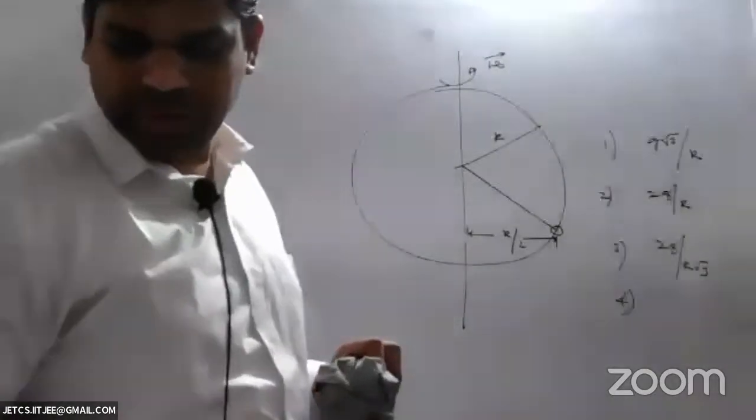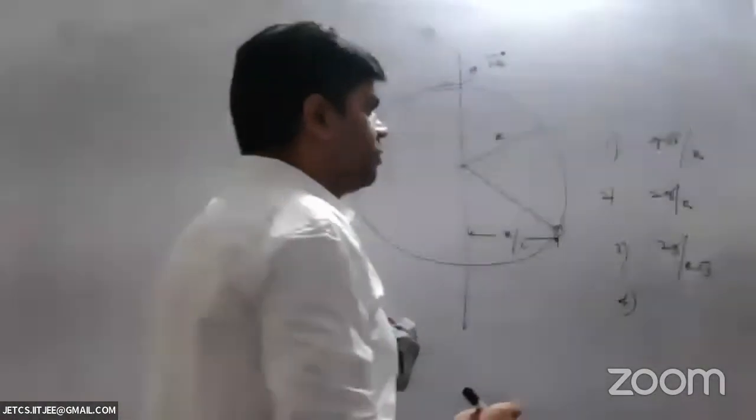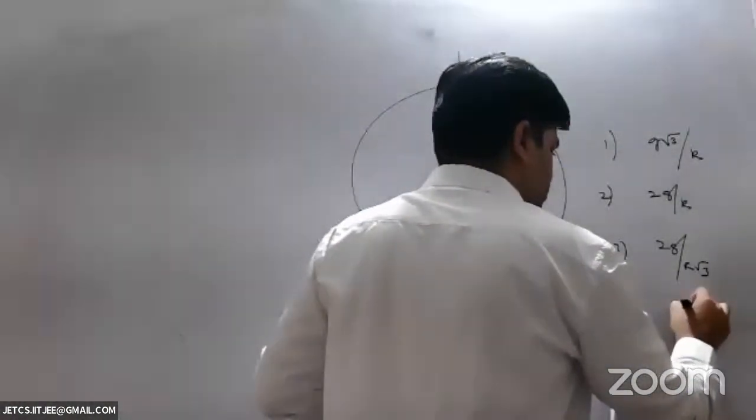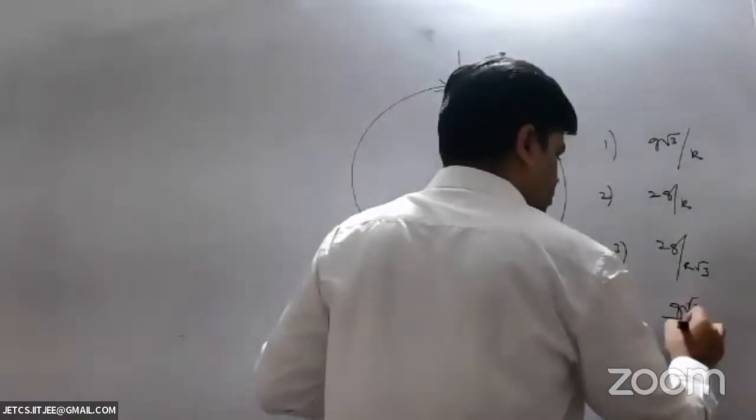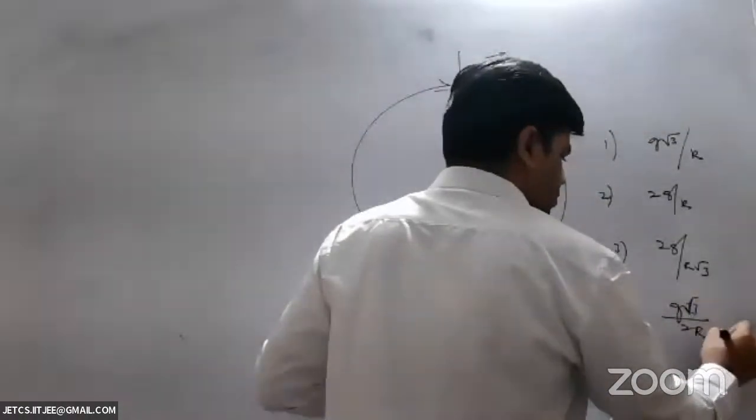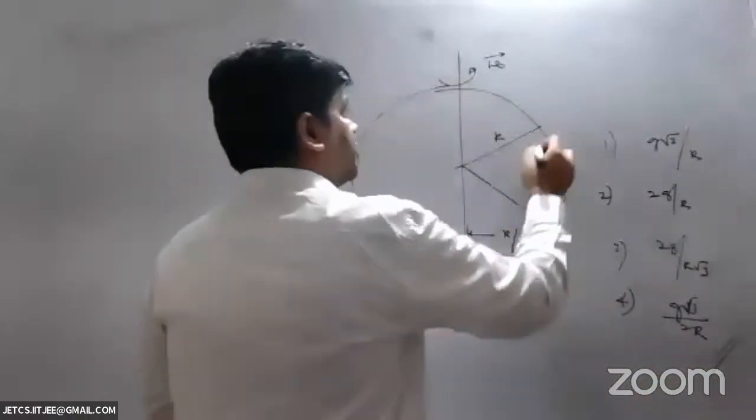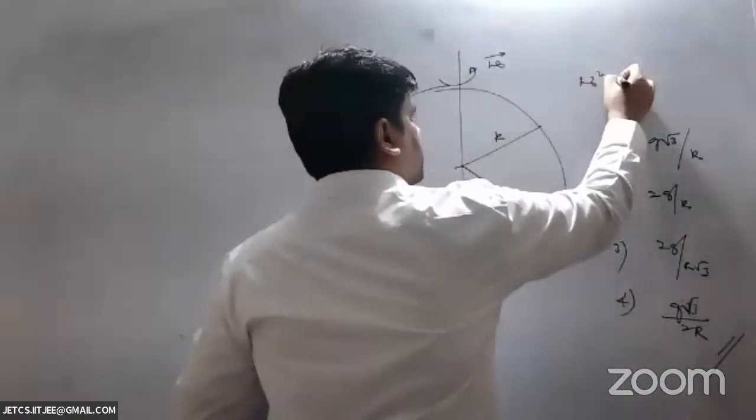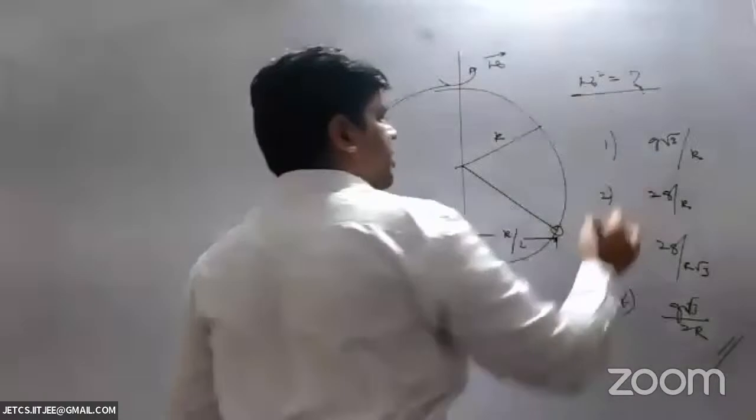Fourth option g root 3 by 2R. Required to find omega square. Omega square is equal to how much? What's the value of omega square?